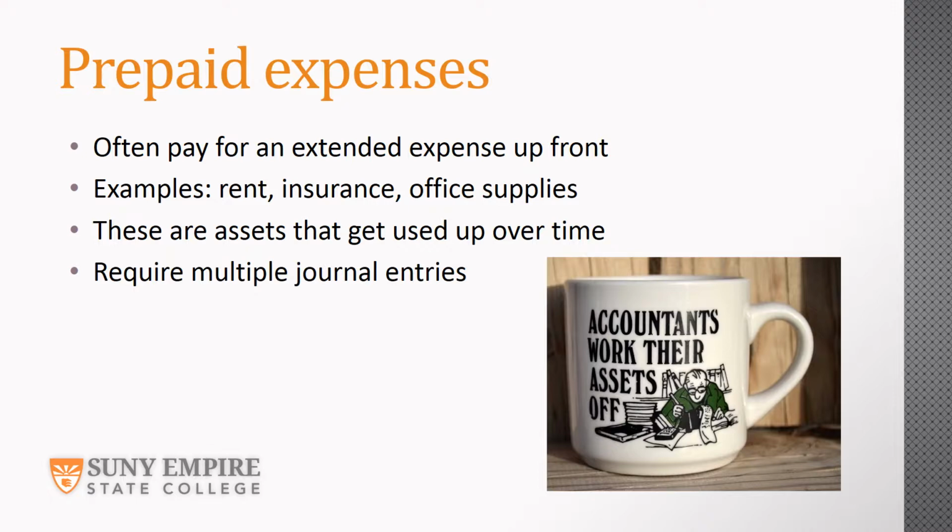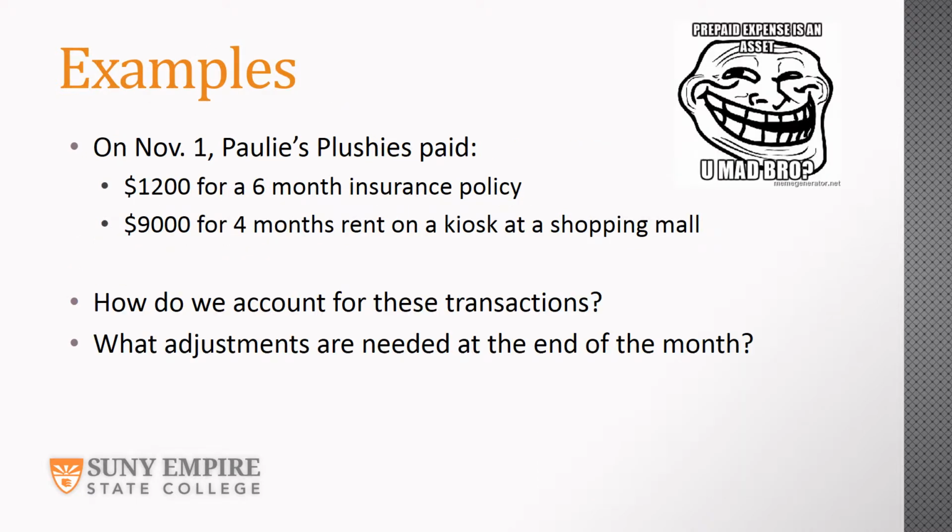Let's see some examples. We look at our intrepid stuffed animal seller, Polly's Plushies. As part of their growing business, they realized they needed additional insurance, and so purchased a 6-month policy for $1,200 on November 1st. The main reason they got the additional insurance policy was because they expanded into direct sales to customers.